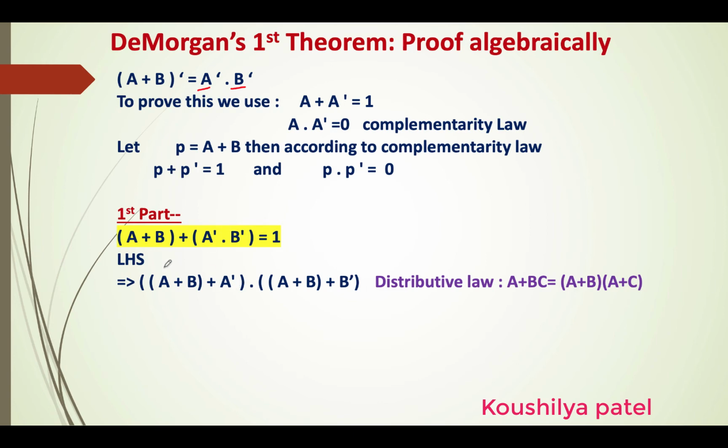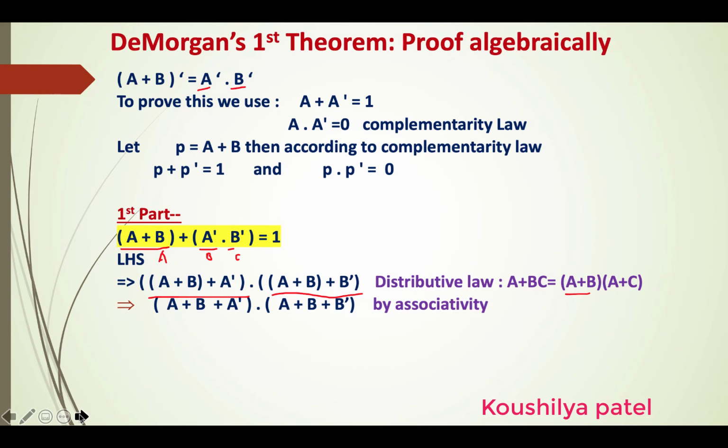Now we will use the distributive law, which says A plus BC equals (A plus B) into (A plus C). So we have assumed here this is our B and this is C, just for calculating this, and this is completely A. So as per this distributive law, we will write (A plus B) plus A dash, into (A plus B) plus B dash.